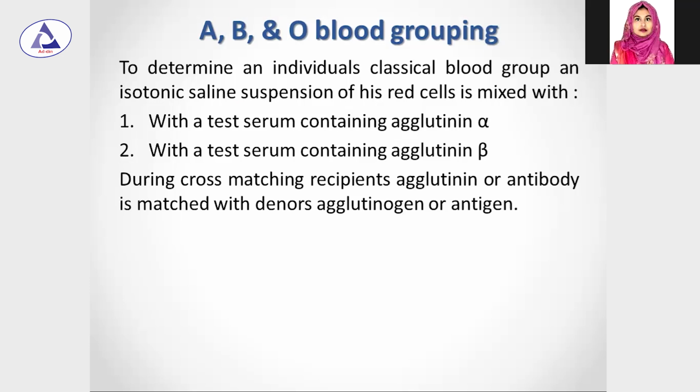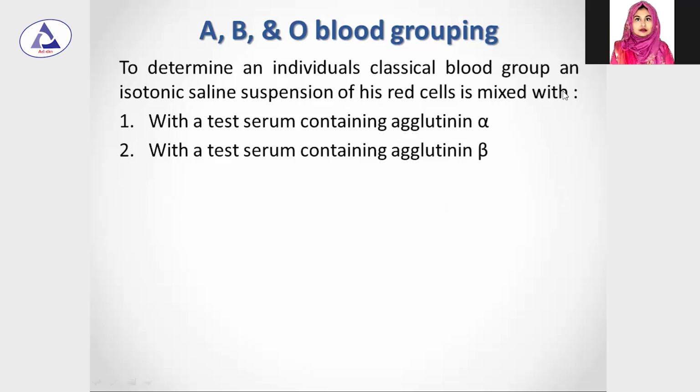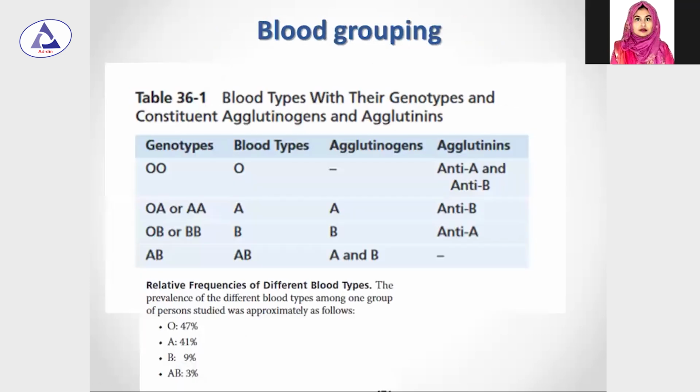If agglutination occurs for both test sera, number 1 and number 2, in both parts, then the blood group will be the one whose cells contain both A and B agglutinogen. Look at the previous slide: blood group AB contains both agglutinogens.